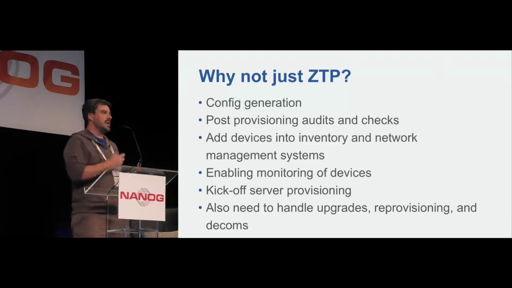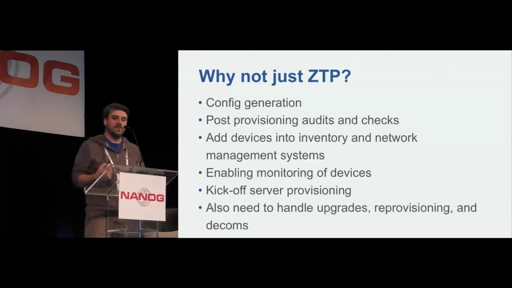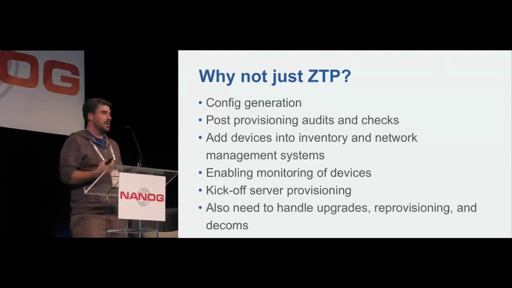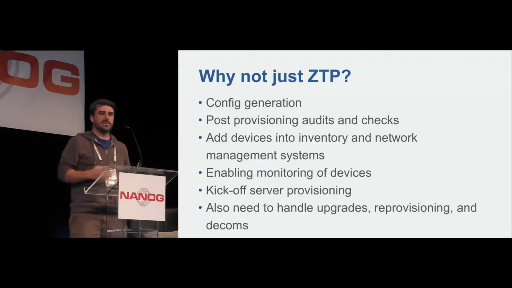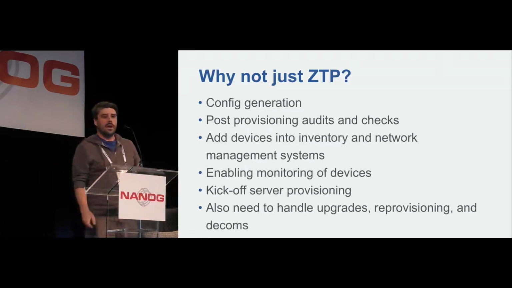The problem is that there's so much more to automating a device than just getting a config and code on it. Config generation is a very large part of this. You need to somehow map back that this serial number or this chassis goes to this config. You need to be able to generate that config. You need good modeling for your circuits and for your other device configuration.